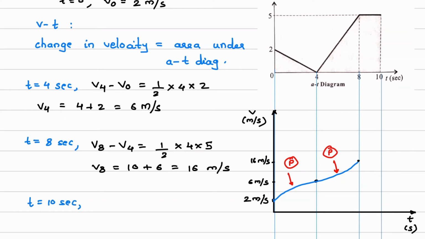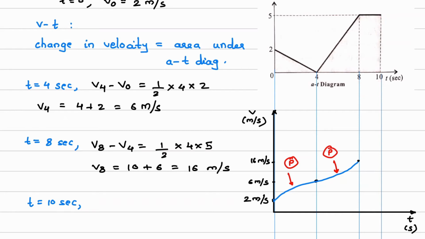So what will be the change in velocity? It will be V10 minus V8 equal to the area under the a-t diagram. What is that area? It is a rectangle. So from 8 to 10, the width will be 2 and the height is 5.